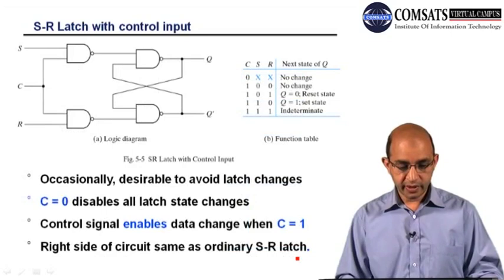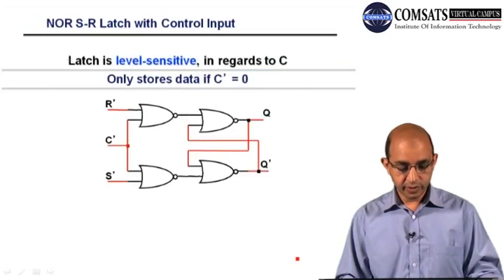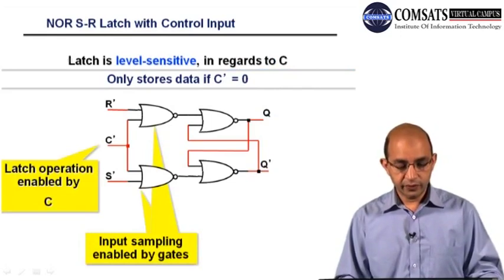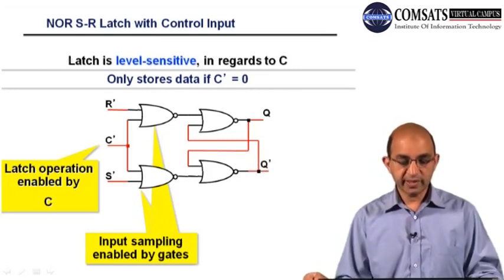so this is the same SR latch with control input, the enable input. So here we have the level sensitivity. You can see the sampling enabled by the gates.